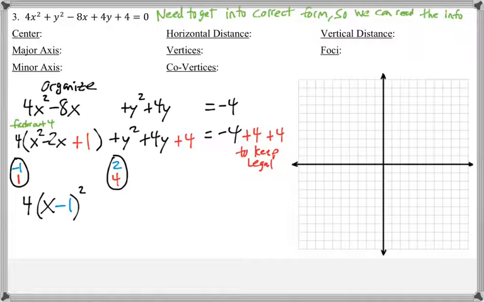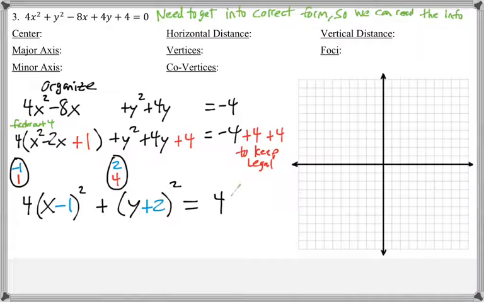But you'll always get this first number when you complete the square. And this is plus y, and you'll see the 2 again. y plus 2 squared. And this is going to be equal to 4. Okay, so we're almost there.